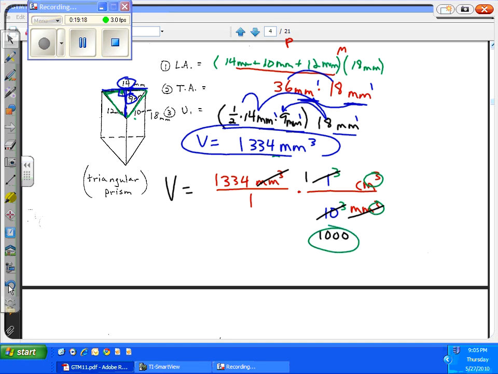When you divide by 1,000, it moves the decimal 3 places, so we would have 1.334 cubic centimeters for volume if we changed it into cubic centimeters. About the size of a sugar cube, if you're familiar with that, or it's a little over 1 cc of an injection if you're giving an animal a vaccination or something.